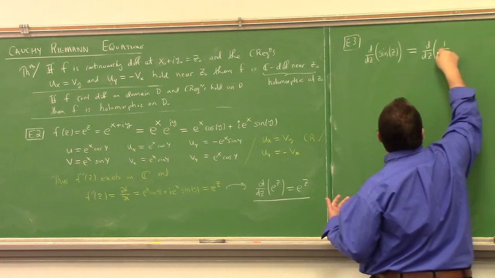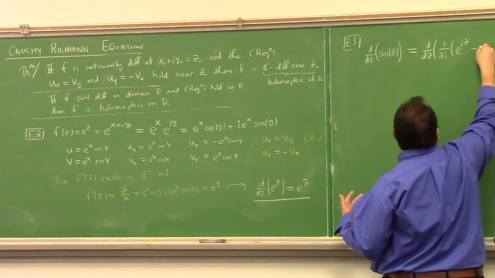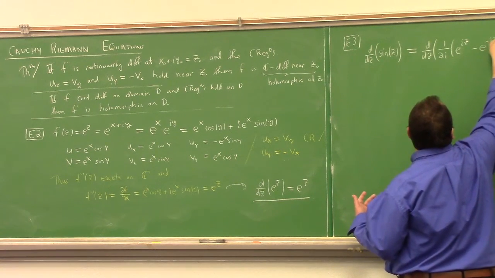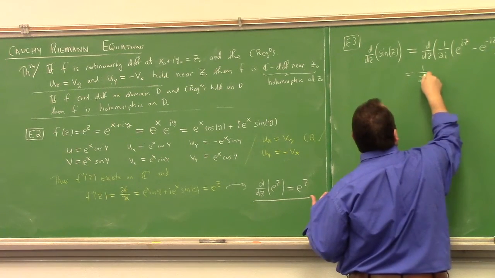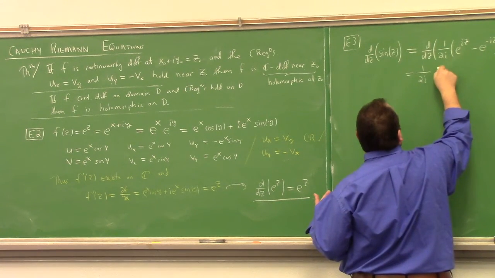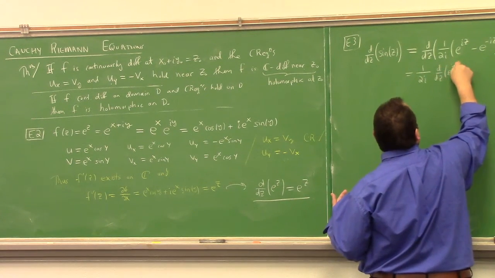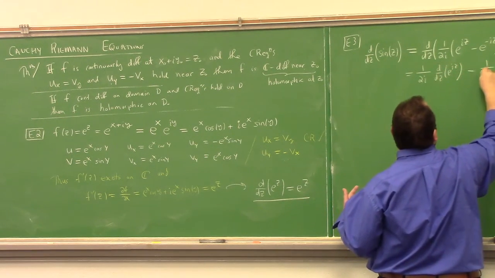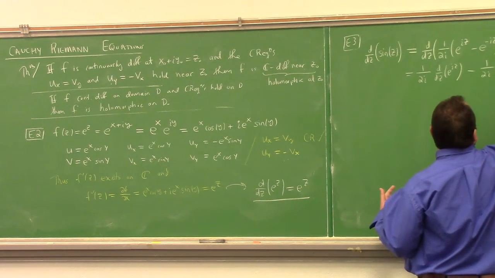And we know that this is 1 over 2i (e to the iz minus e to the minus iz). So I get 1 over 2i d dz of e to the iz minus 1 over 2i d dz of e to the minus iz, right?